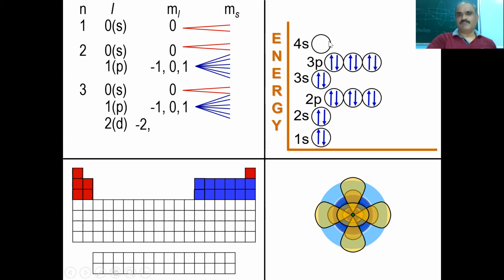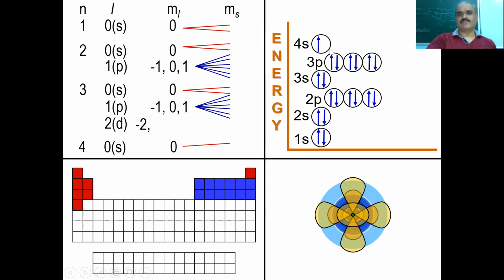So before 3d, the electron goes to 4s. That is why in electronic configuration on the axis of energy, 4s has appeared first. Okay. So n value 4, L value 0.